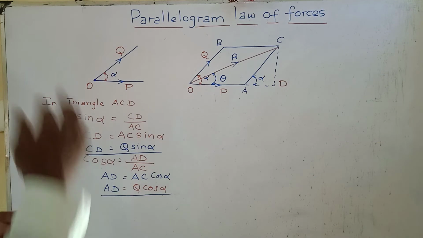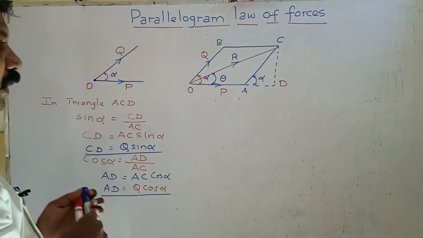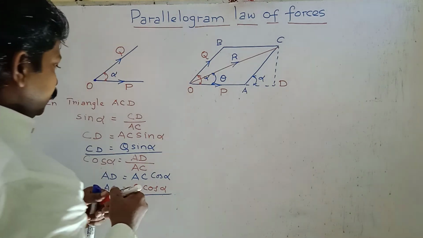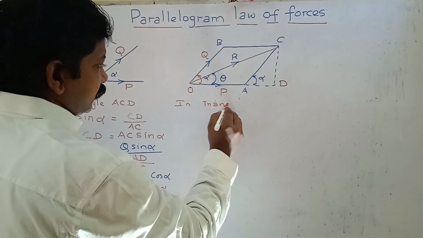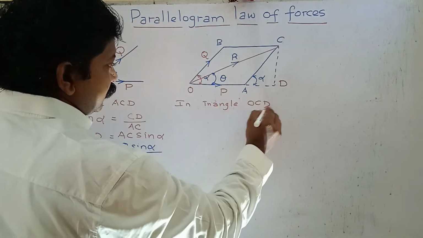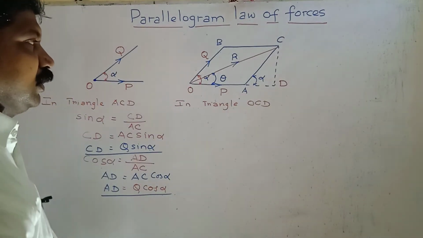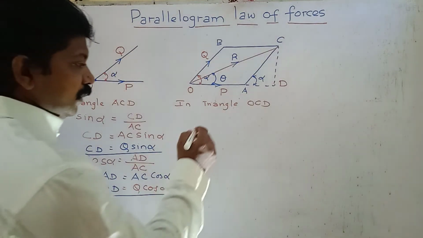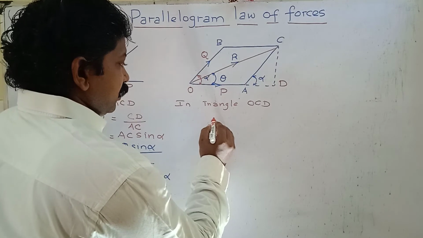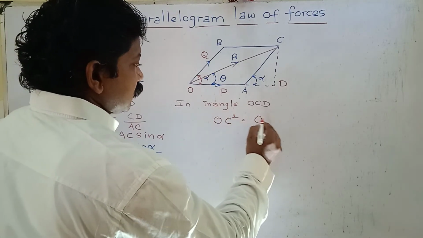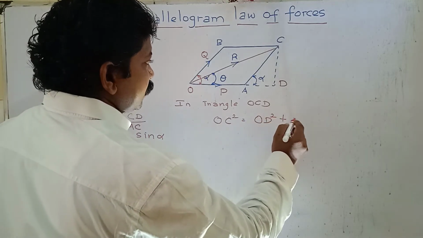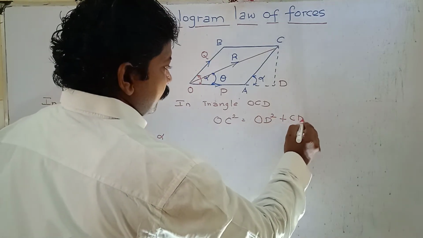Okay. In right angle triangle OCD, apply Pythagoras theorem. OC square equals OD square plus CD square.